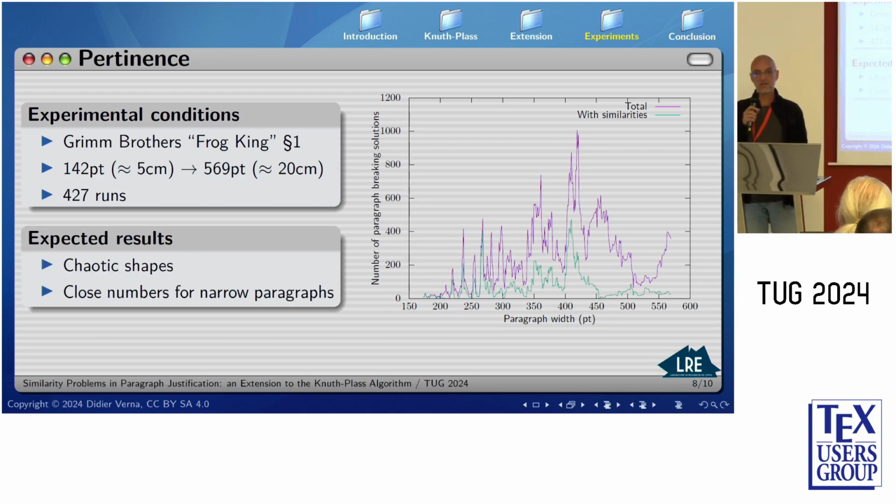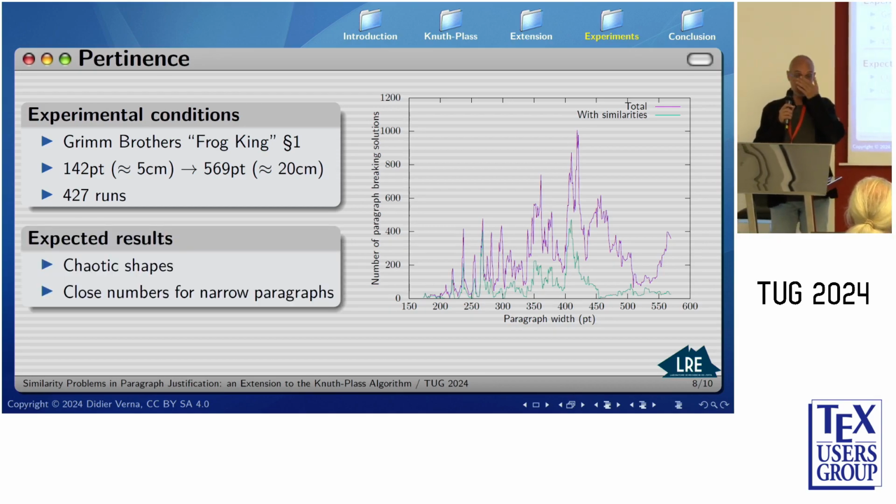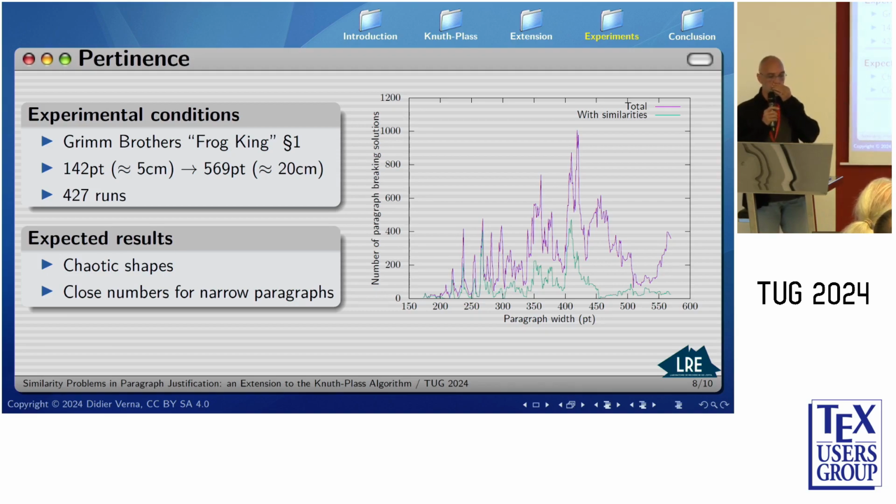So if you analyze that, there are, for starters, a number of things that are completely expected. The first one is the extremely chaotic shape of the curves. You all know that paragraph justification is an extremely unstable problem by nature. The simple fact of changing a paragraph width by 1 point can render a completely different solution from the previous one. Okay, so that explains the chaotic shape of the curves.